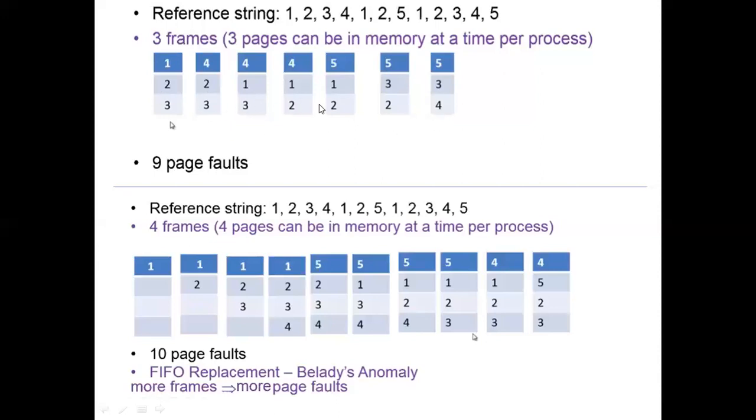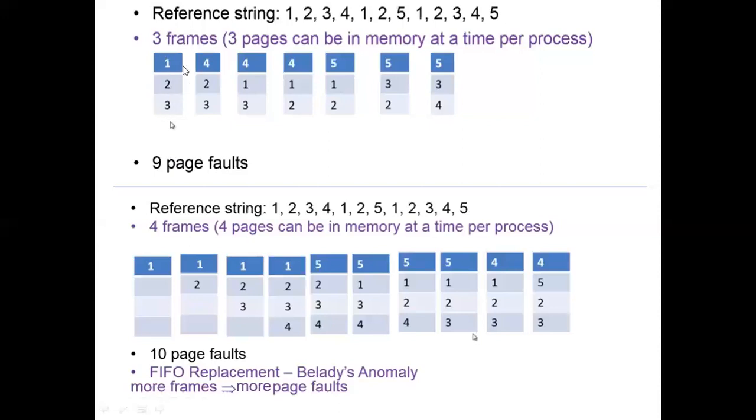1 2 3 4 5 6 7. Here I've put 9 faults, assuming that initially the frames were free. Naturally the first time you will get 1, the second hit will be 2, and the third hit will be 3.